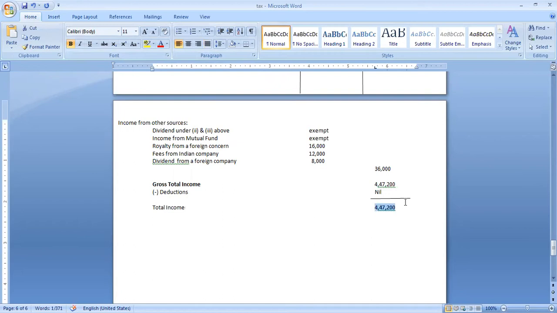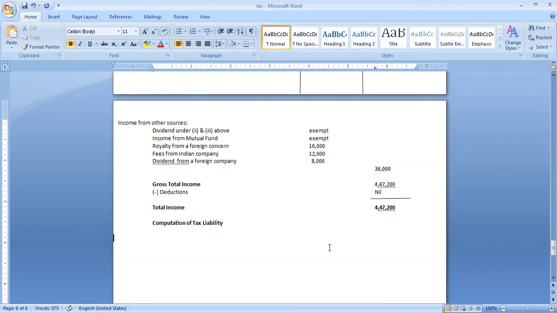Our total income came. Now you have to calculate tax on that. The first job is done: you have to calculate total income. Our second job is you have to calculate tax liability. Computation of tax liability, this you have to do.